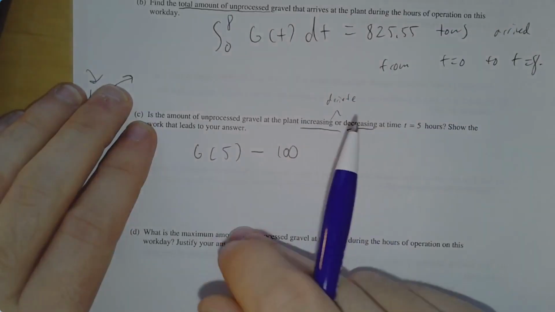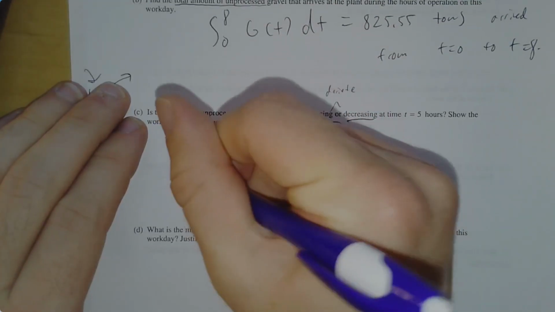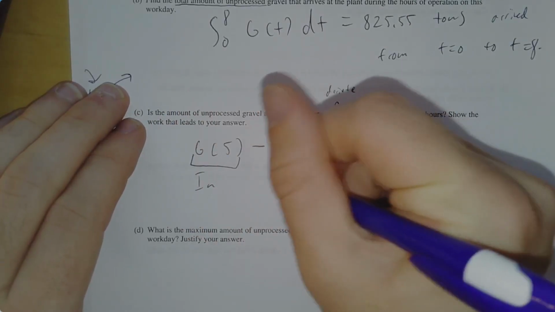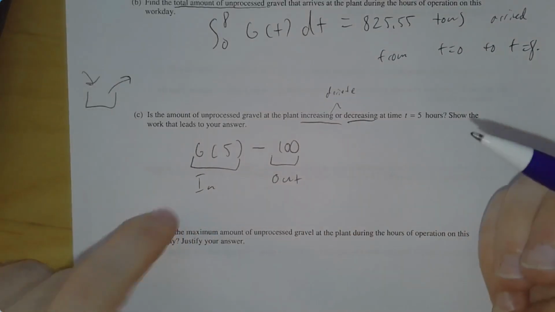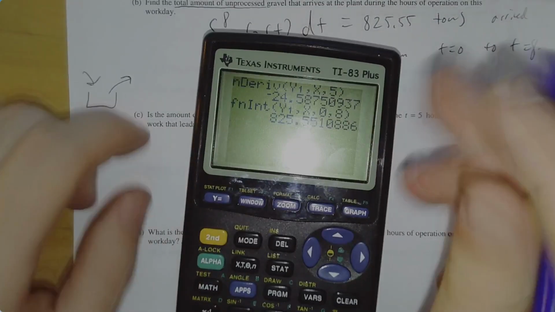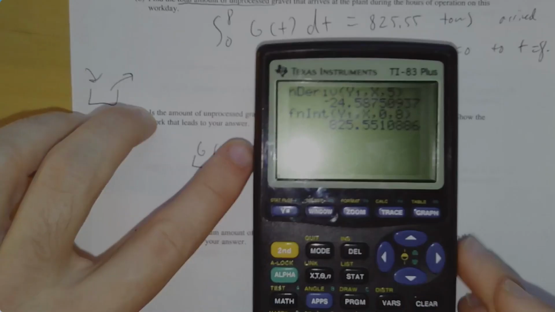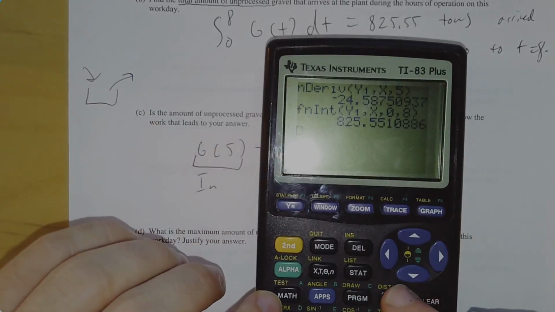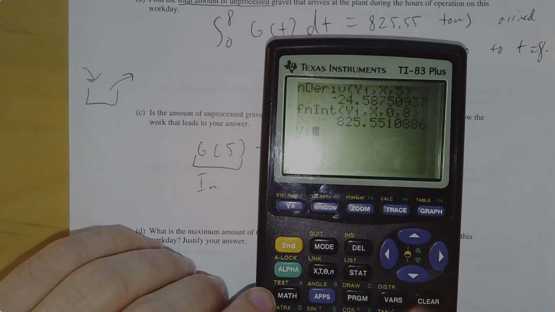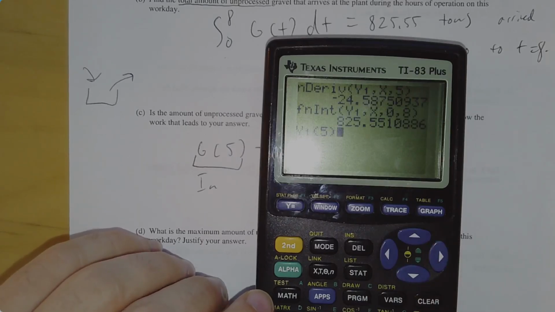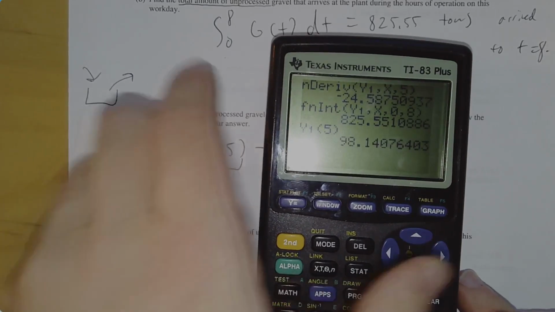So we're going to take the gravel in, this is the in, right? Minus the out. And if this value is positive, then more is going in, right? And if this value is negative, then more is going out. So we need to find G of 5, which remember you just get from y1 of 5, which is 98.141.